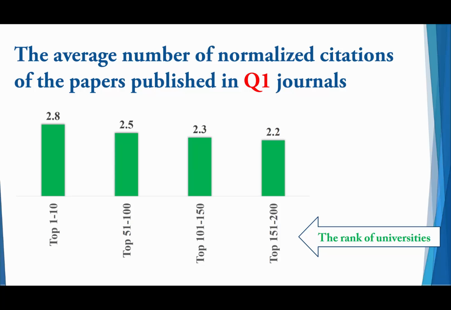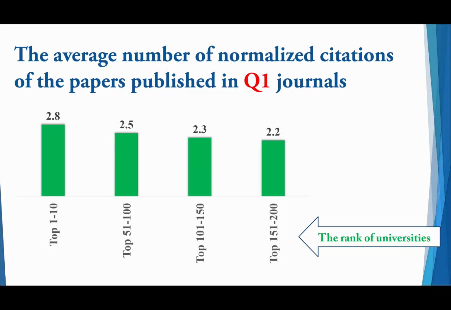On average, those papers published in Q1 journals are cited more than the global average. For example, the papers of the top 1 to 10 global ranked universities published in Q1 journals are 180% more cited than the global average.